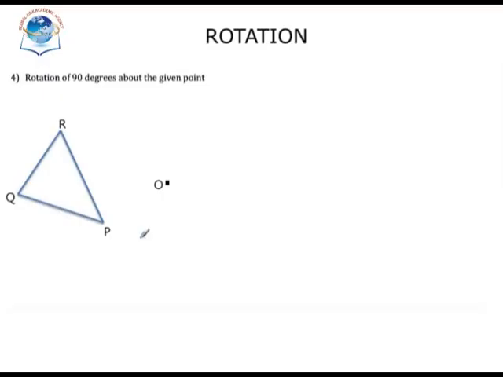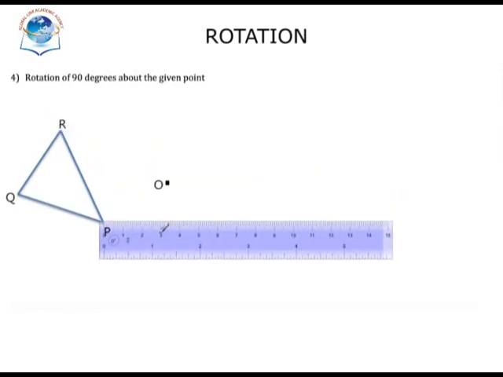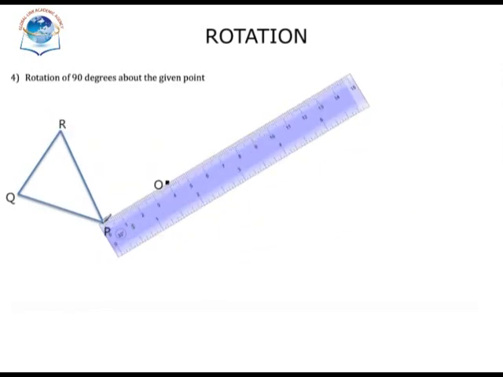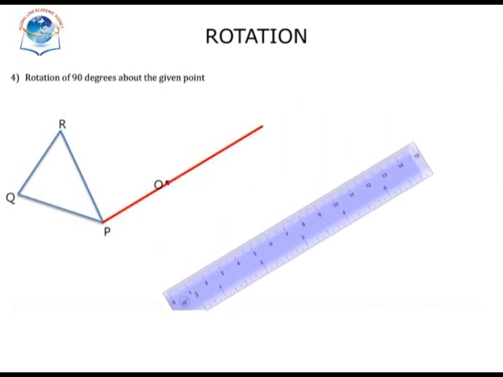And so let's do a rotation of positive 90 degrees about the center marked on the page. We take a ruler and join the first vertex to O. I want it long enough. Now in the previous example, I was taking the distance from the vertex to the center of rotation and reproducing it on the new line.